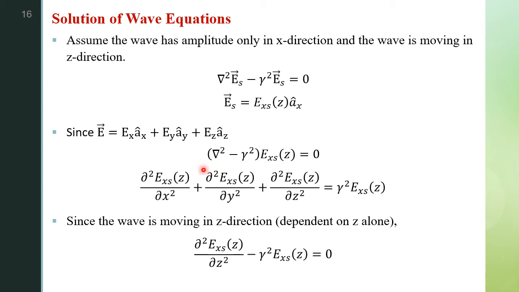So these two terms will be equal to 0 since Exs is a function of z. So we are left with the last term: dou square Exs of z by dou z square minus gamma square Exs of z will always be equal to 0, since the wave is moving in z direction.